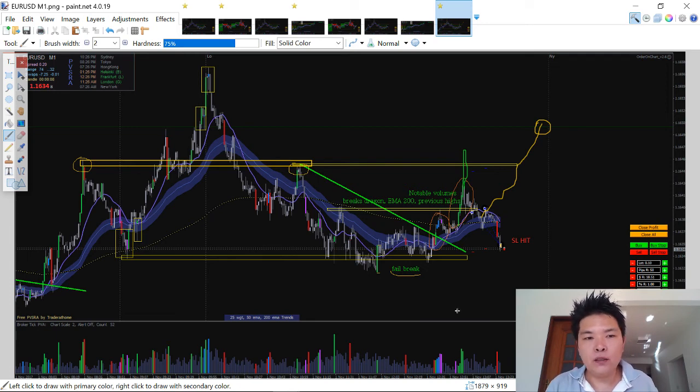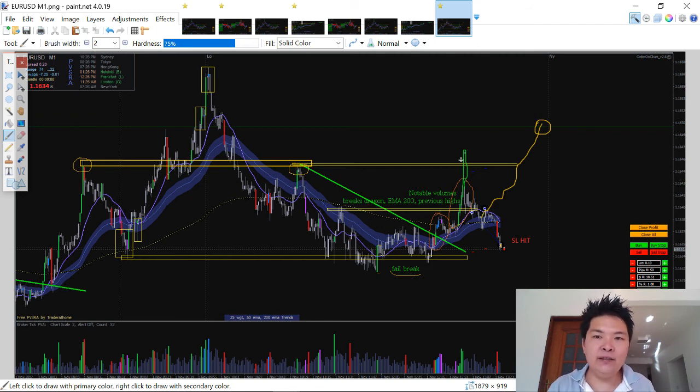But once again, I don't think I would trade this one, because I always like to enter a trade when the overall trend is very clear. In this case, it's not that clear. When it's not very clear, it's better to wait until a break of the next level.